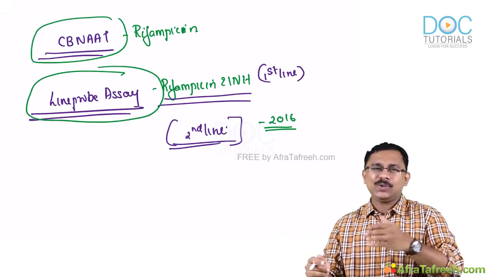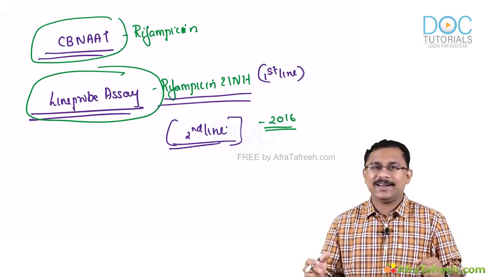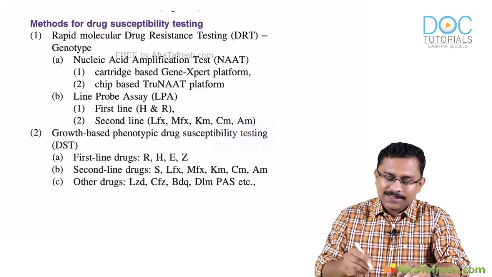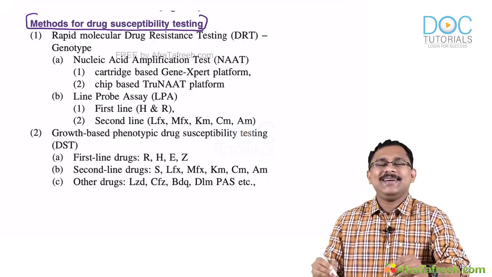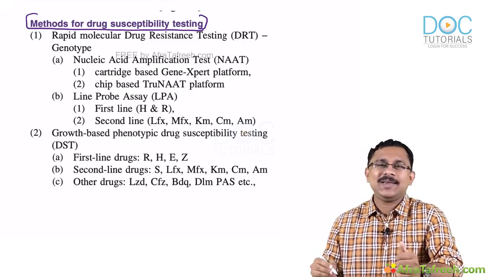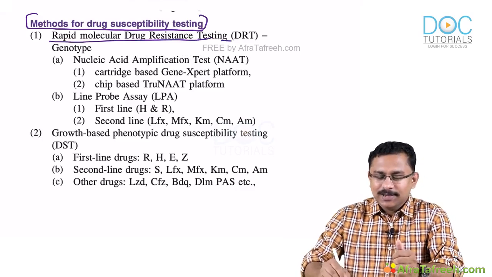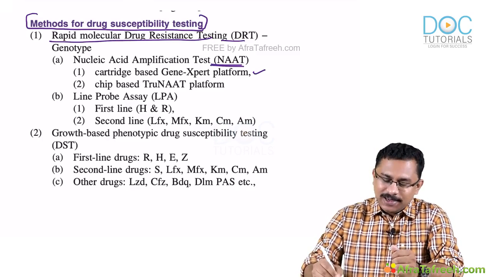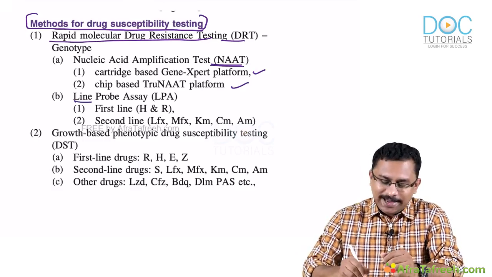So that is the importance of these diagnostic tests. I hope you have understood the importance. Why I am talking about that is because you need to identify drug resistance. So just to show you the methods of drug susceptibility testing advised by the NTEP, you have the rapid test, which we have just discussed, the nucleic acid amplification test, your CBNAT, as well as the TrueNAT, which is the Indian version, and also your line probe assays.